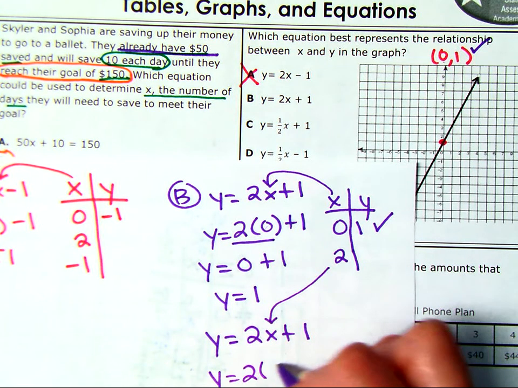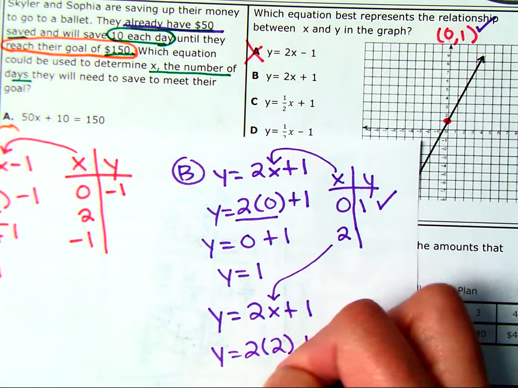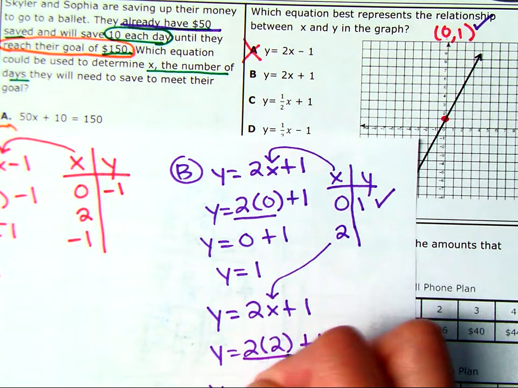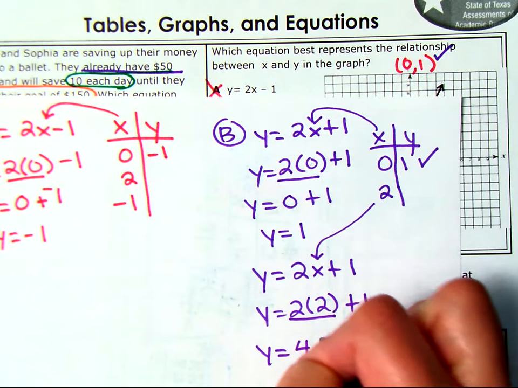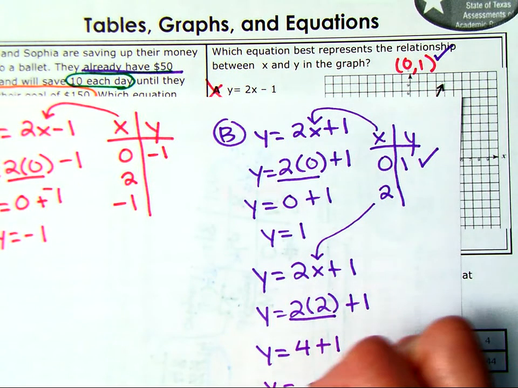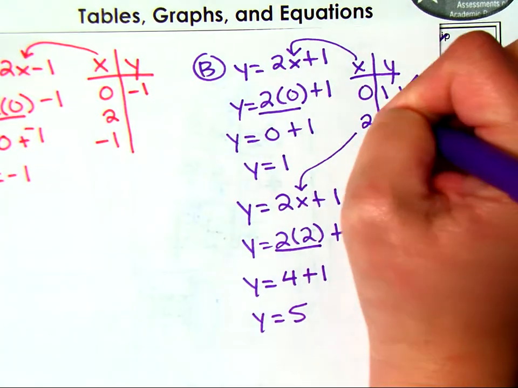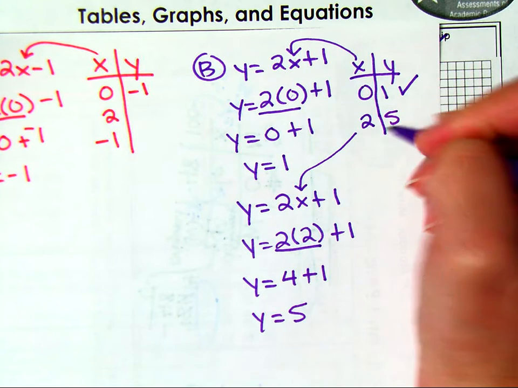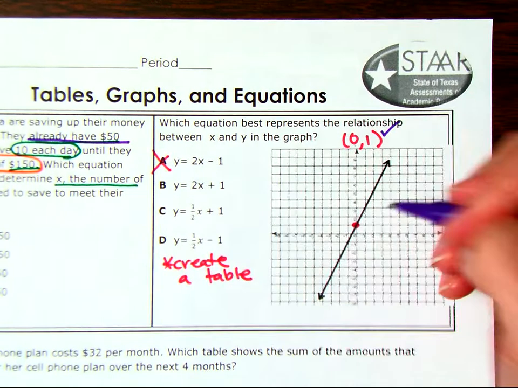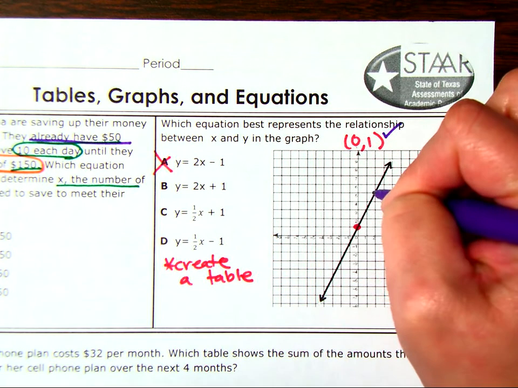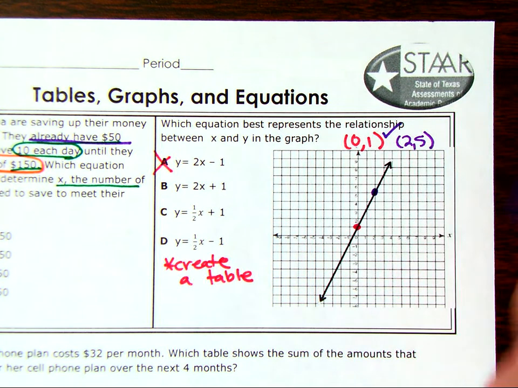When I see x now, I'm going to ask, what's y when x is 2? So multiply first. 2 times 2 is 4, and 4 plus 1 is 5. So that means I'm looking for the ordered pair when x is 2, y is 5. So let's look at the graph. When x is 2, y is 5. So far, so good.